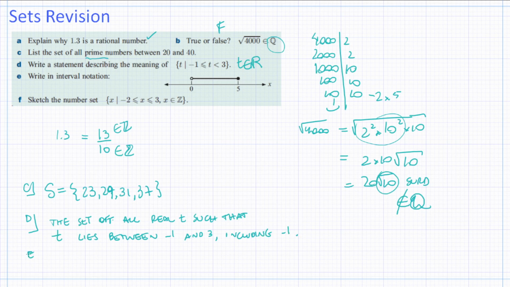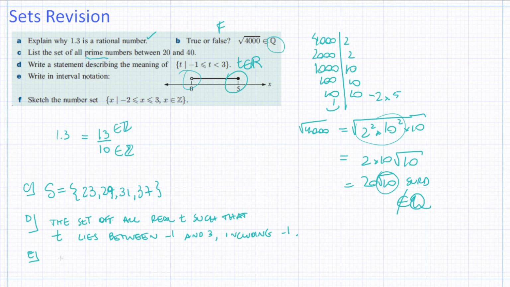Letter E. We've got an interval here, and we're being asked to write this in interval notation. So we're going from 0 to 5. However, 0 is not included. It's not painted, it's not shaded, it's not filled in. This one's filled in. This is black, isn't it? This is white, so white is not included.